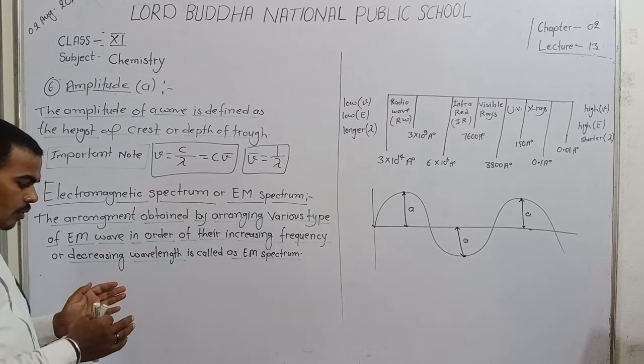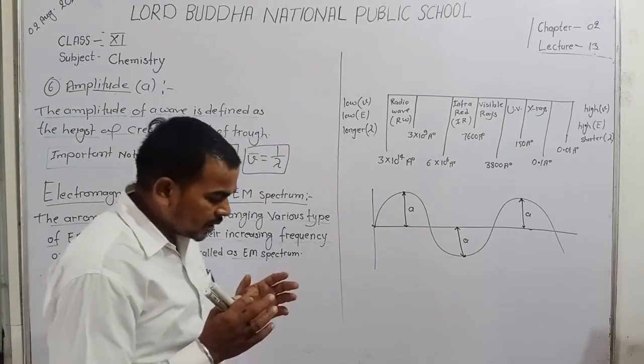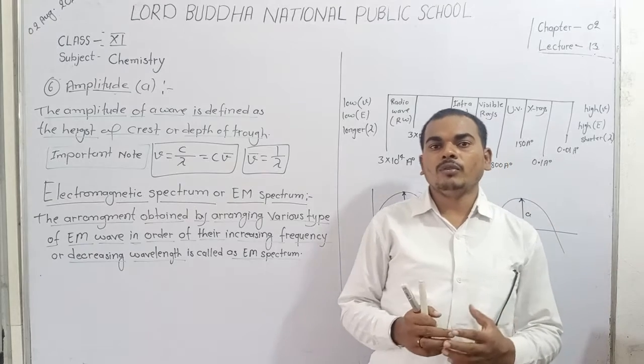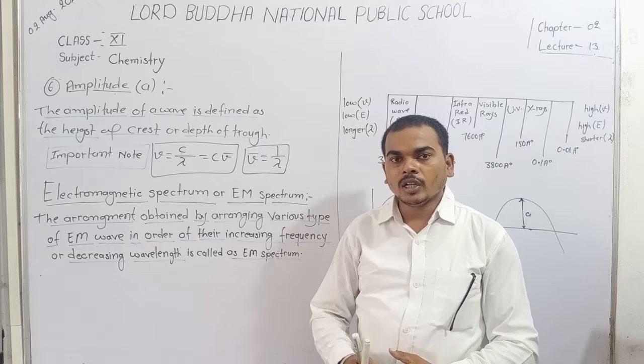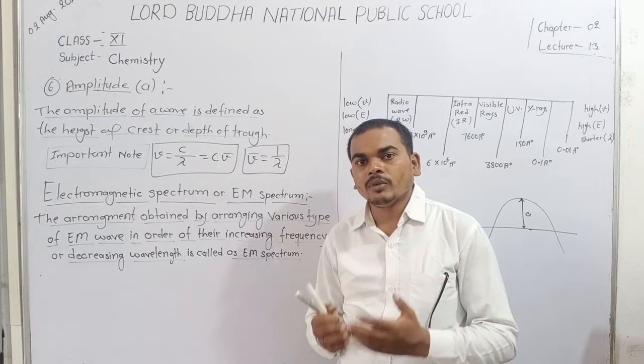The electromagnetic spectrum is the arrangement of different frequency waves in the order of increasing frequency or decreasing wavelength.